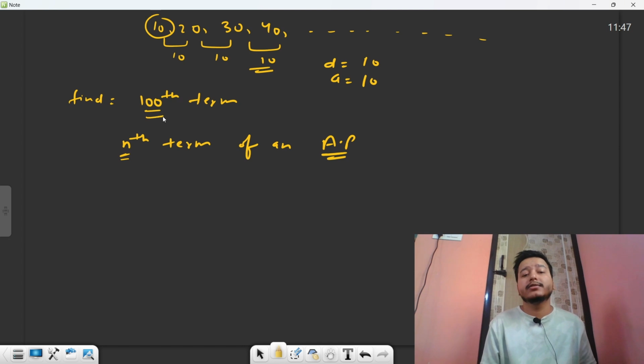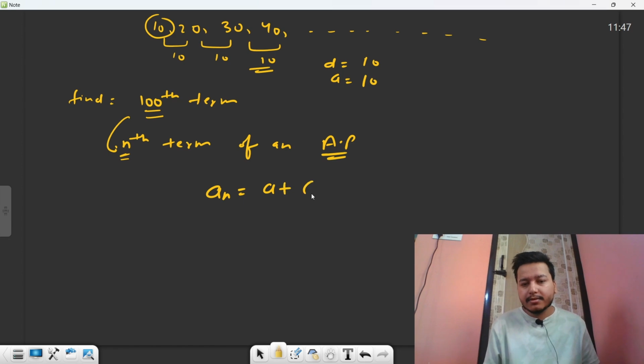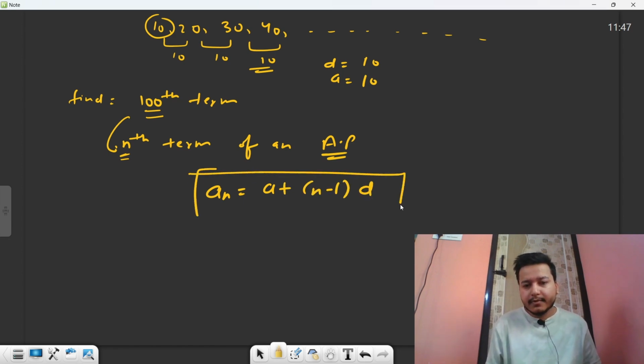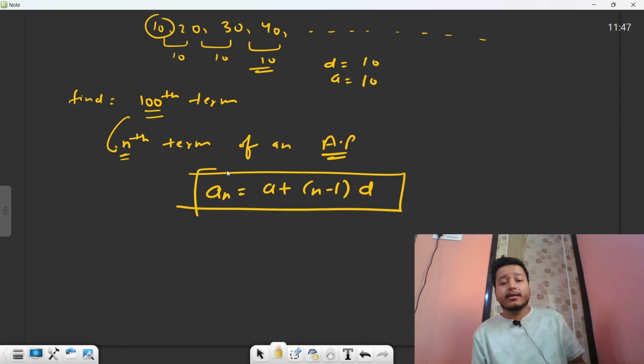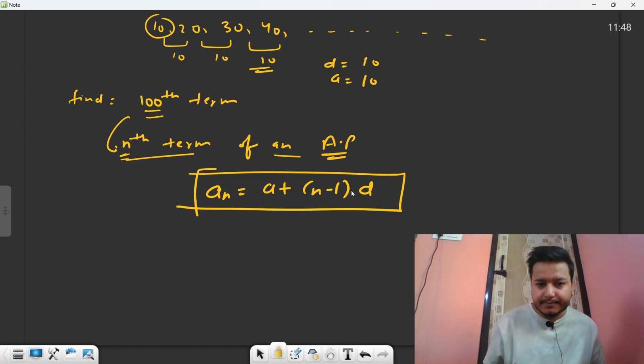Here we want to find the hundredth term, so n will be 100. So what is the formula for the nth term of an AP? It is an equals a plus n minus 1 into d. This is the formula to find the nth term of an AP.